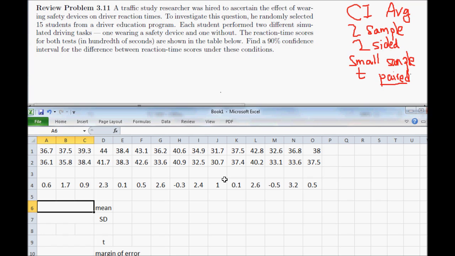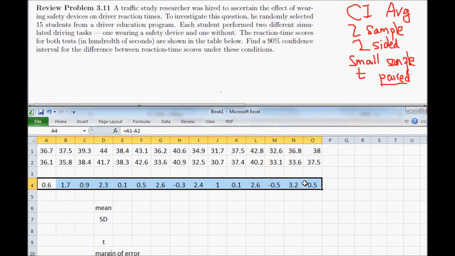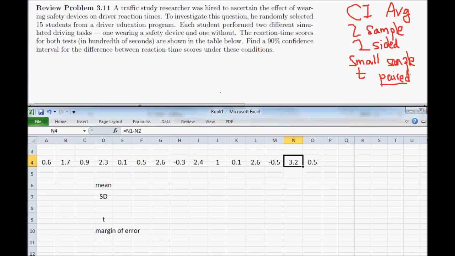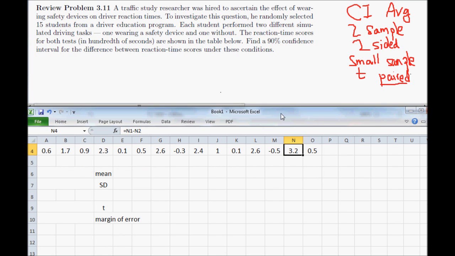To get the confidence interval, the center of the confidence interval will be the average of the differences. So once I have subtracted, this now basically devolves from a two-sample problem to a one-sample problem. So I just need to get the confidence interval for these 15 differences, and I can basically neglect where these differences came from in the first place. So let me scroll up so I don't even have to look at those anymore.